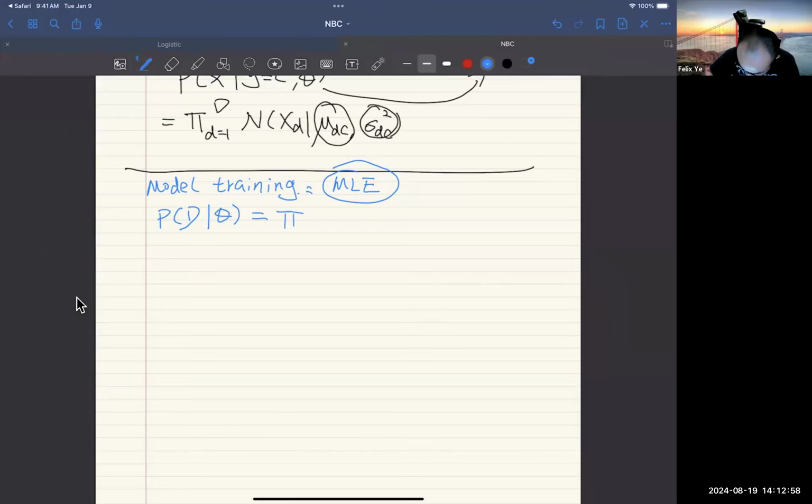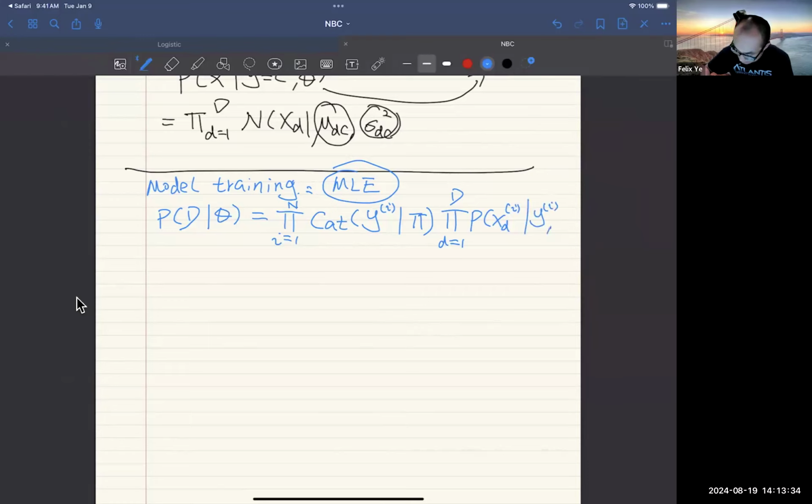It's the multiplication of i from 1 to n, since this is an IID sample. Then we have the categorical distribution of yi conditional on pi, which is your prior distribution. Then we multiply little d from 1 to big D of the probability of xd of i, conditional on yi and theta d.